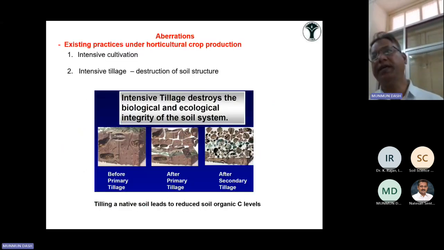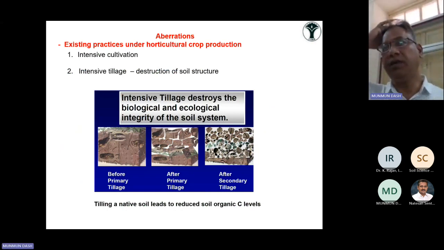Now we come to what is going on at present. We call these aberrations, because we have been practicing agriculture or farming systems continuously, but we are not concerned about other aspects. In most vegetable and horticulture crops, we have been cultivating crop after crop, so the cropping intensity is more than 100%.